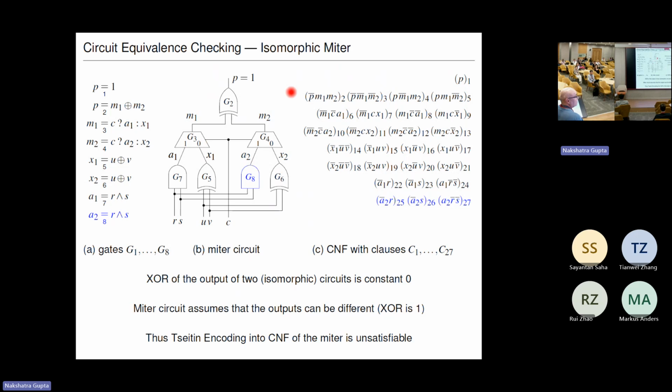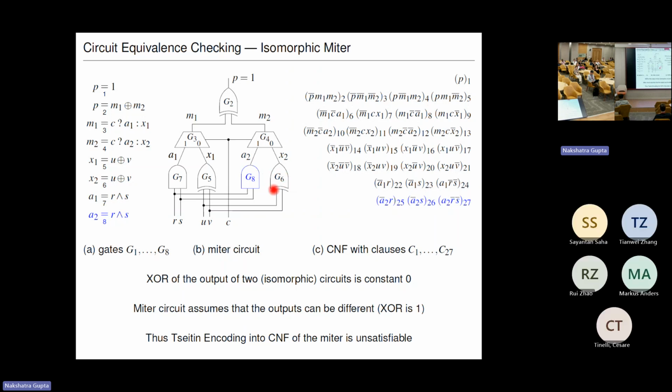If I now do a Tseitin encoding, which you see here, and give this to a SAT solver, it should be unsat, right? This looks like a silly problem, in particular because these are two identical circuits. G7 has the same inputs as G8, G5 has the same inputs as G6, and these two if-then-elses also have exactly the same inputs. So you can just merge them, and they're the same.